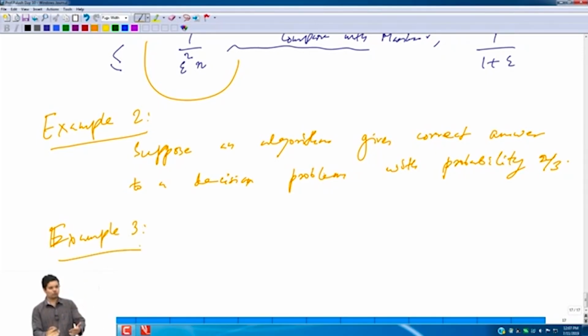Although I'm writing example 1, 2, 3, the basic framework is the same.